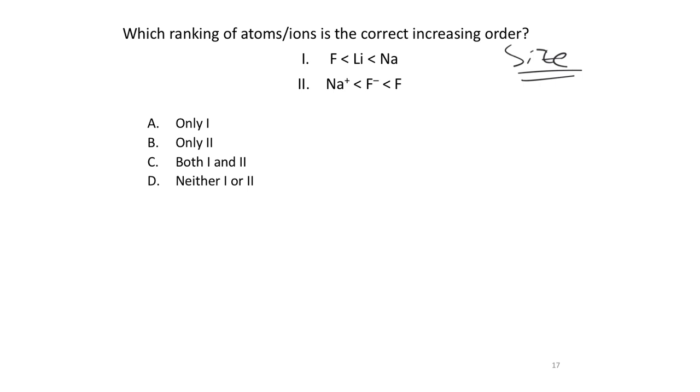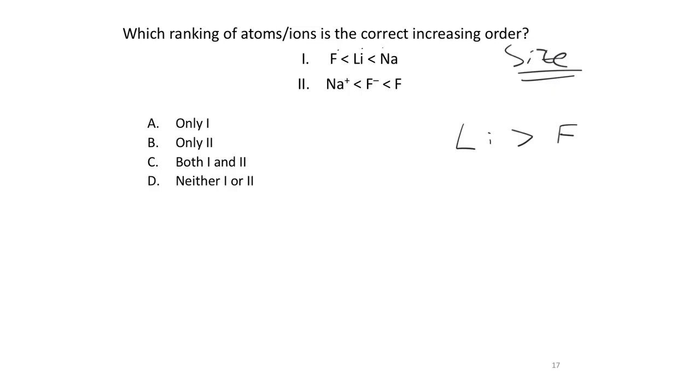Which one's correct? Or are both of them correct? Well, fluorine, lithium, sodium, how do we rank their relative sizes? If we're ranking neutral atoms, that's atomic radii trends. So I'm thinking of the relative size of fluorine to lithium to sodium. I'm just thinking about my periodic trend from left to right. I know that lithium is going to be bigger than fluorine because size decreases left to right.